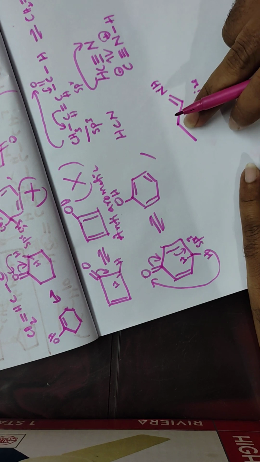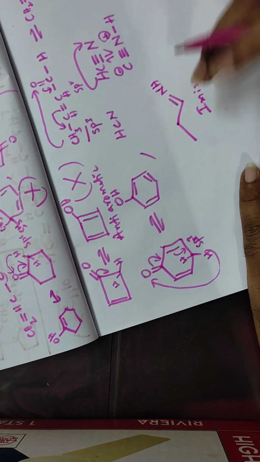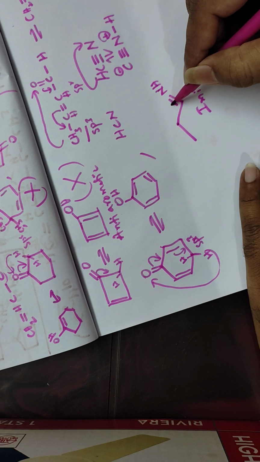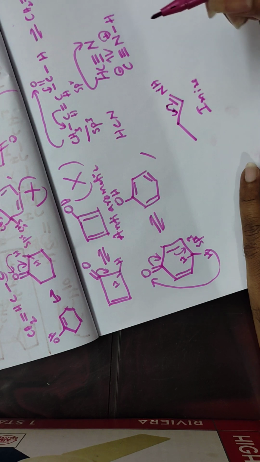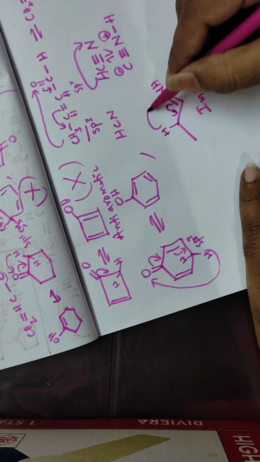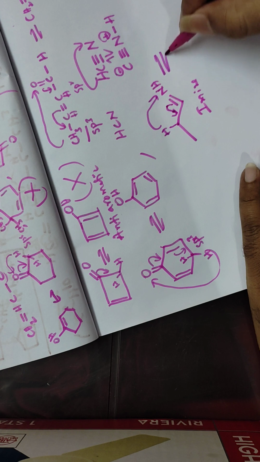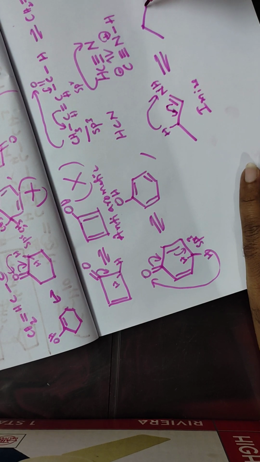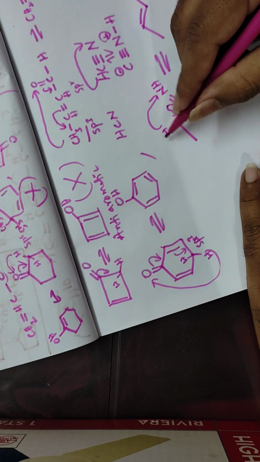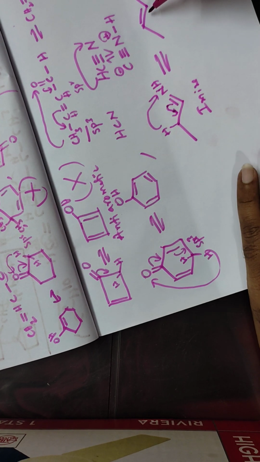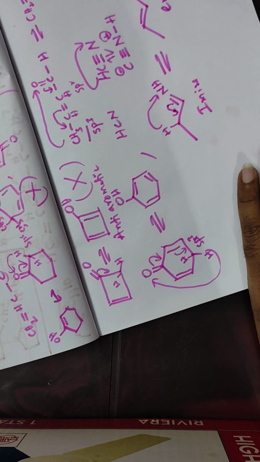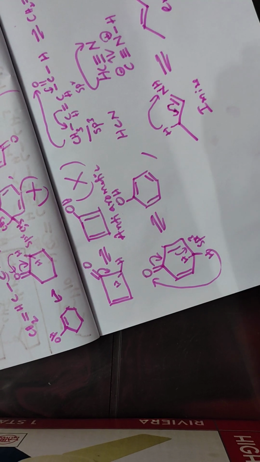So here the alpha carbon is sp3 hybridized and it has hydrogen. Simply this bond shifts to here. This hydrogen goes to here. Then the double bond comes to here, and the hydrogen comes to N, so NH2. This is simply an enamine compound. So these two are also tautomers.